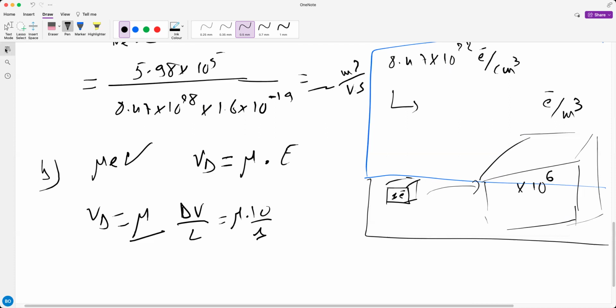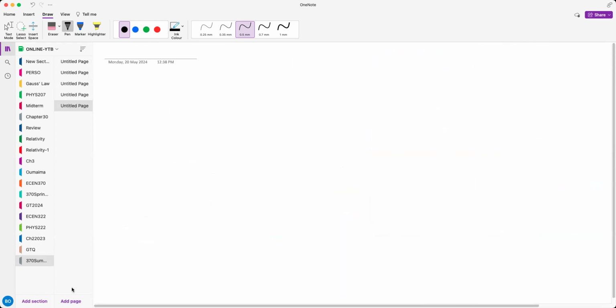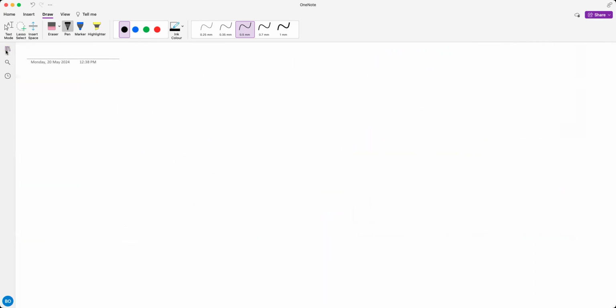Okay, so then we go to something else. Any question? So remember, we are calculating electrical properties of materials.